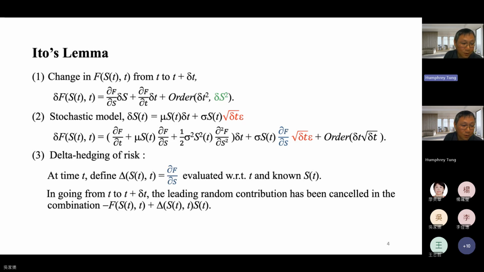So the uncertainty, according to the correction in the orders in bullet 2, only vanishes if you go to differential time. That's why later on you will see a differential equation that tells you what this option function looks like.